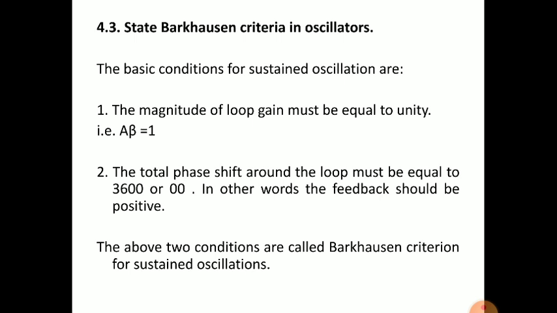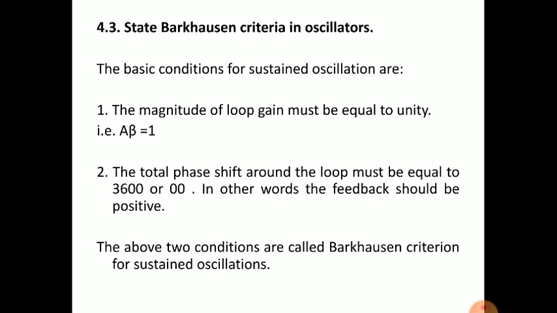Barkhausen criteria in oscillators: the basic conditions for sustained oscillations are the magnitude of loop gain must be equal to unity, that is A beta should be equal to 1, and the total phase shift around the loop must be equal to 360 degrees or 0 degrees, that is in phase. In other words, the feedback should be positive. The above two conditions are called Barkhausen criteria for sustained oscillation.